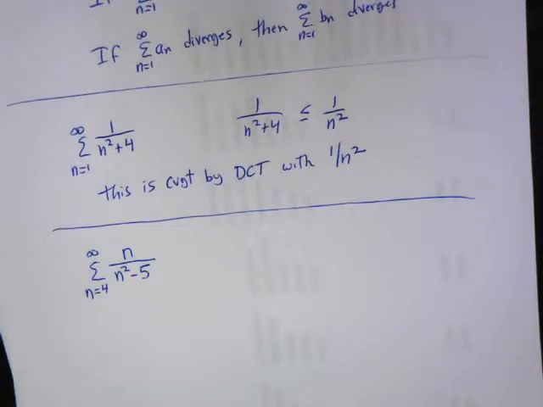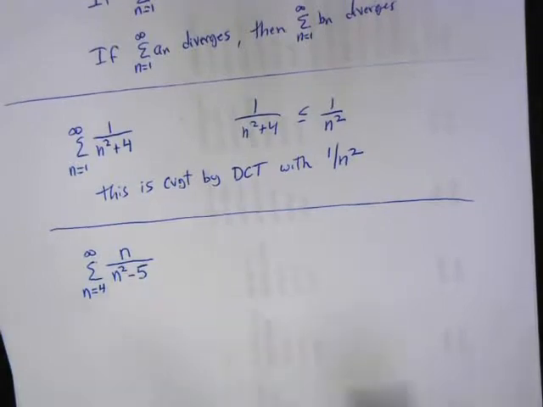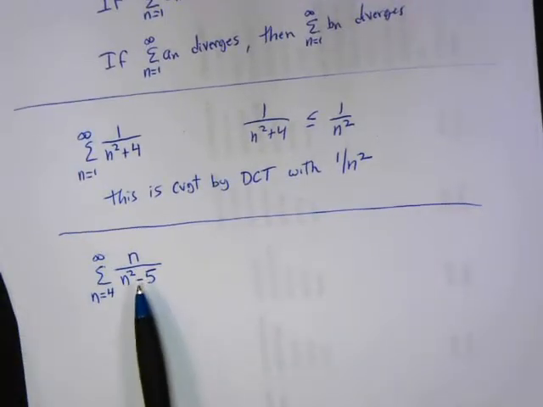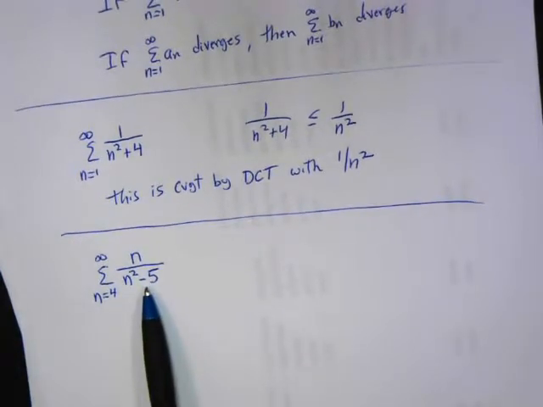First off, why did I start at 4 and not start at 1? Yeah, I didn't want to have negatives on bottom, because to use our comparison tests, everything has to be positive. I also wanted to make sure I knew I was going to put a subtraction on bottom, so I wanted to make sure I didn't get 0 on bottom either. I can't have 0 on bottom. But the big thing was I had to make sure things were positive.